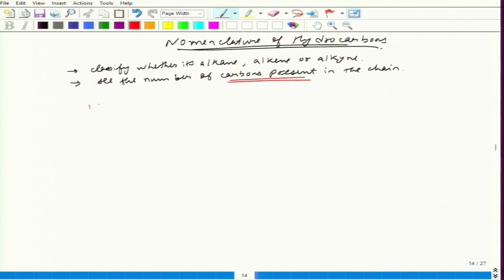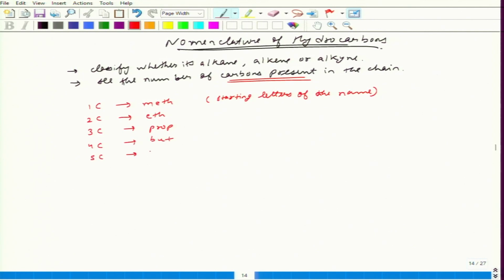If there is only one carbon, it will be called meth. These are the starting letters of the name. The name will start from this. If there are 2 carbons, that will be eth, 3 carbons prop, 4 carbons but.